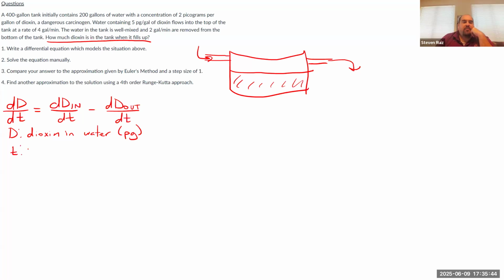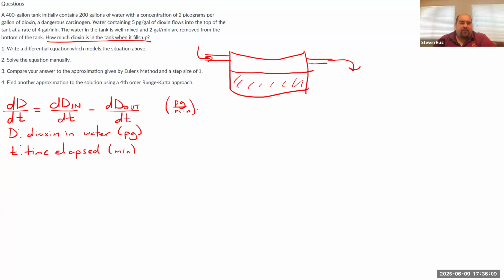And then t is time elapsed, which I'm measuring in minutes, which means that this rate dD/dt needs to be measured in picograms per minute.